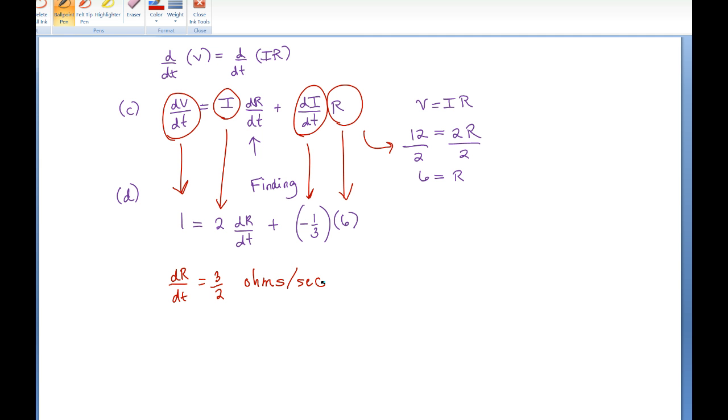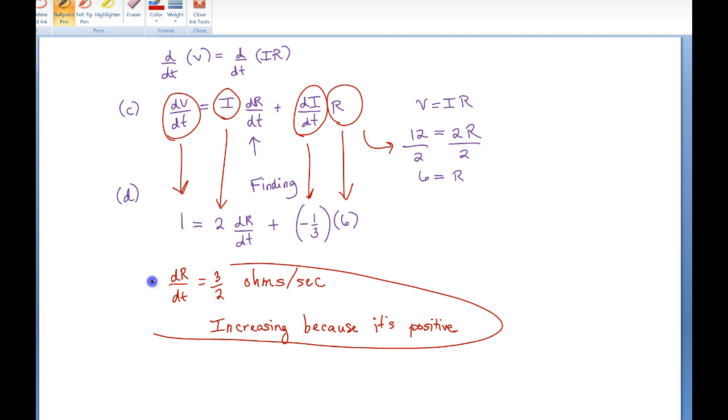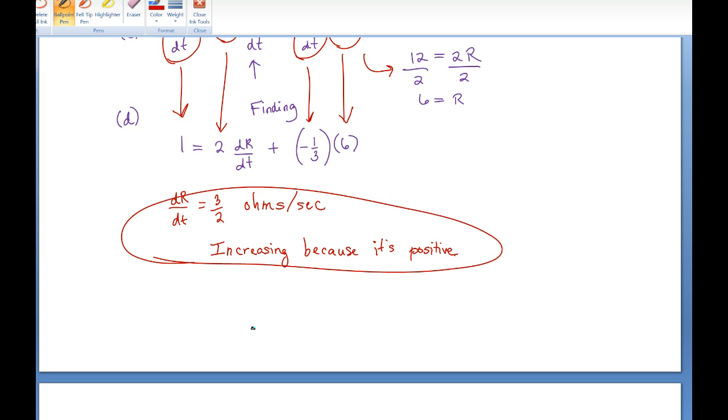And it's increasing. So if you get a positive value, it's increasing. If it's negative, it's decreasing. Hopefully that is straightforward enough.